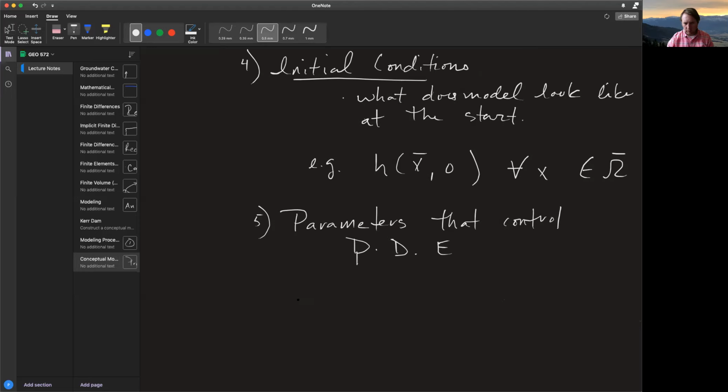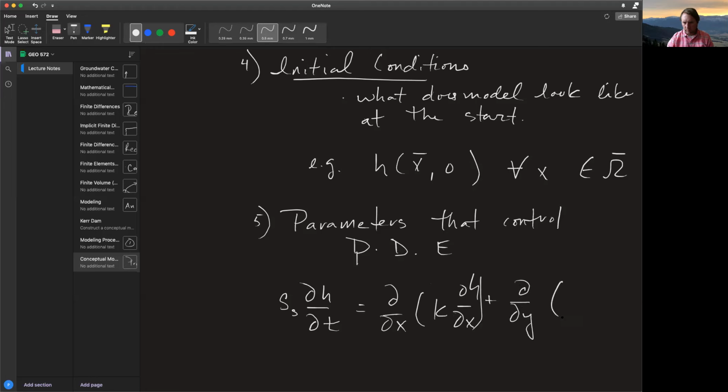The variables in our equation are things like time and head, the dependent variables.